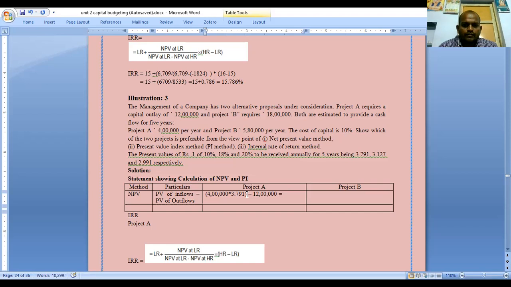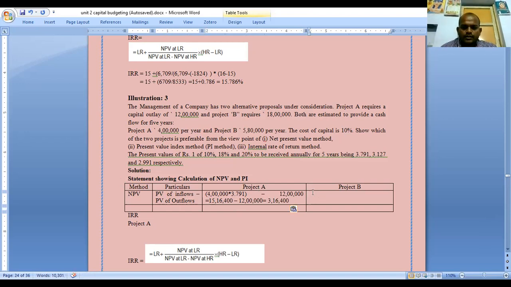So present value of inflows 15 lakhs 16,400 minus 12 lakhs. So net present value is 3 lakhs 16,400.